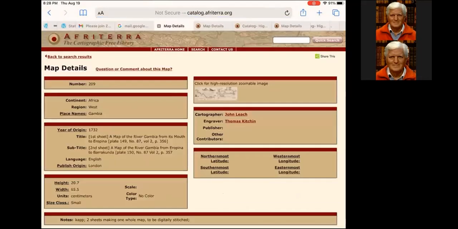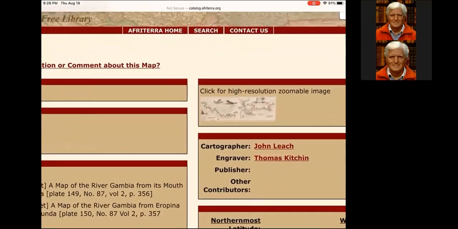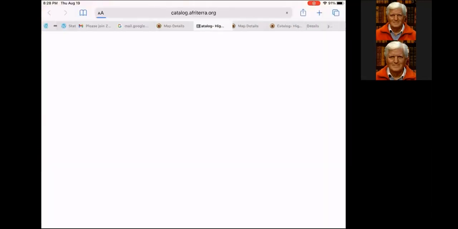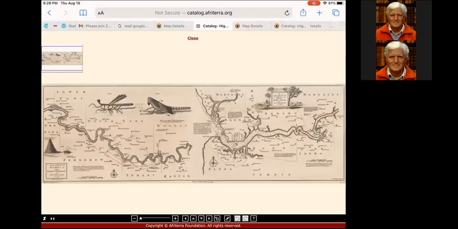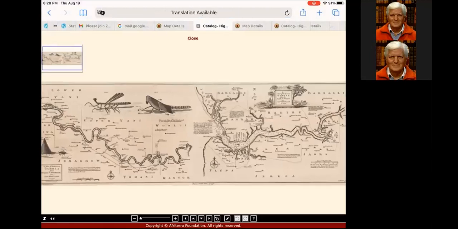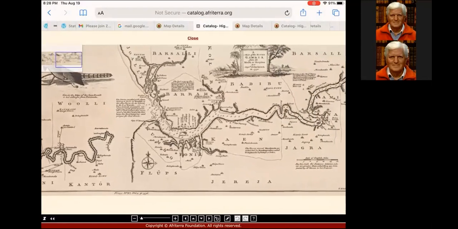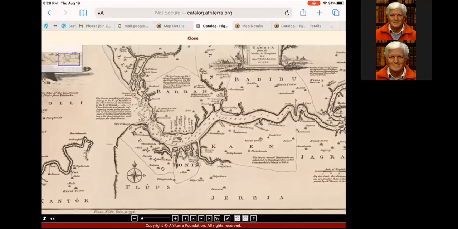If we hit on this, we'll see a small map indicated here in the little upper right-hand corner. Click for high-resolution zoomable image is what it says. And sure enough, we can click that and get out to a zoomable image. And a zoomable image is one that will increase if you pinch it and spread it.